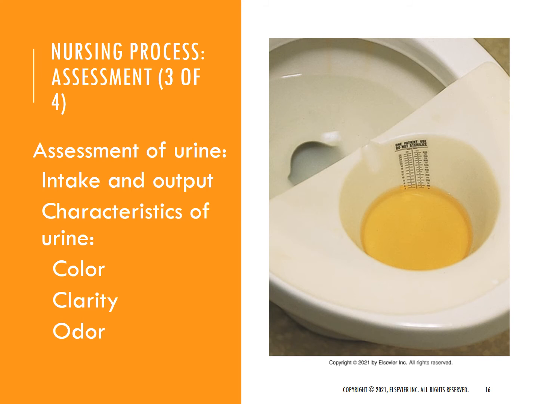Also included in the assessment of your client's urinary elimination status is assessment of the urine. If you work in an inpatient type facility, hospital, long-term care, those types of places, you may have an order to monitor your patient's intake and output, and that's often abbreviated I and O. So I for intake and O for output.